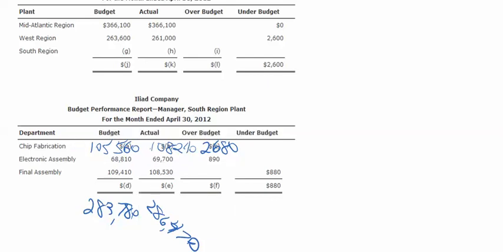Our total over budget is going to be the next column added up, and that's 2680 plus 890. That equals 3570.